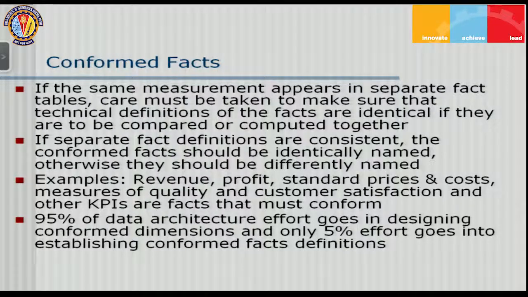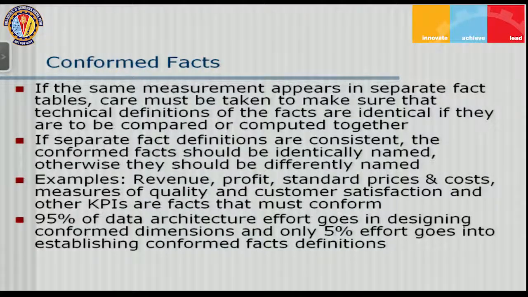Examples of this include revenue, profit, standard prices and costs, measures of quality and customer satisfaction, and other key indicators, right? Key performance indicators are the facts that must conform, because they may be shared across different processes, across different fact tables corresponding to these processes, and if they are not conformed, I'll not be able to do any kind of comparison between them.